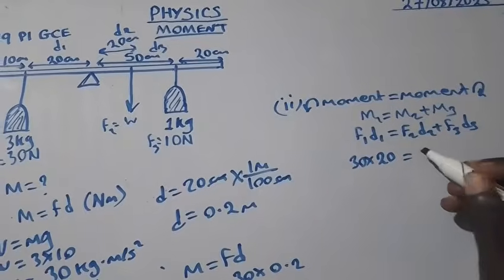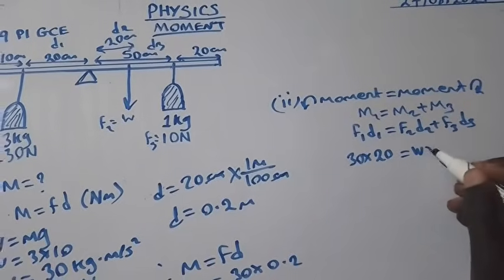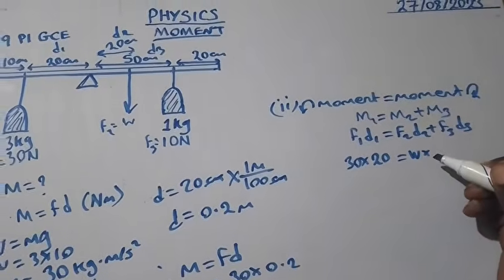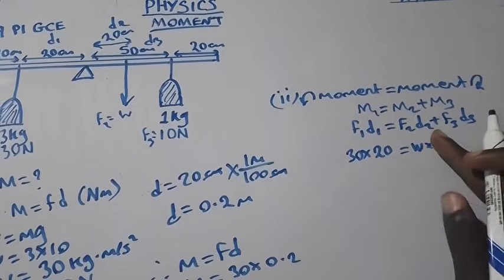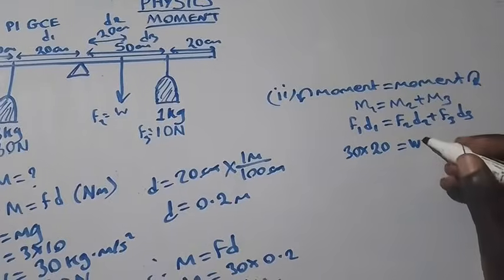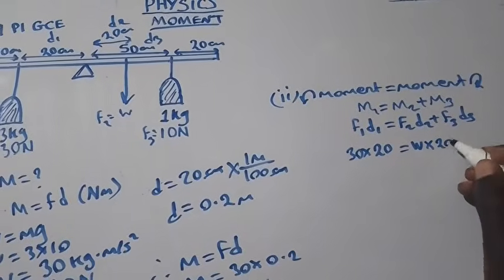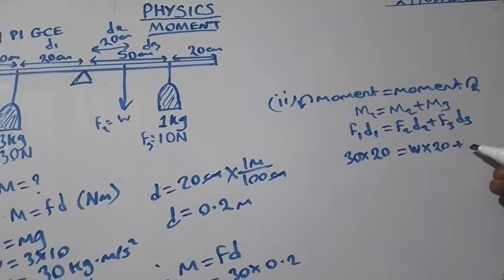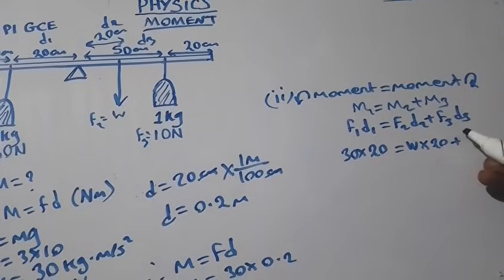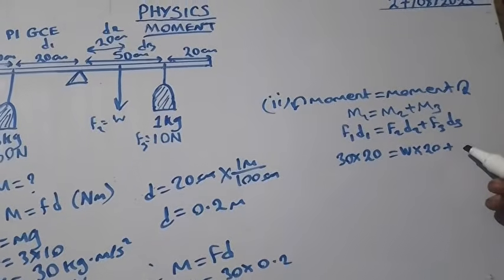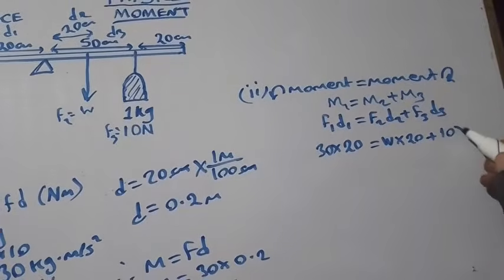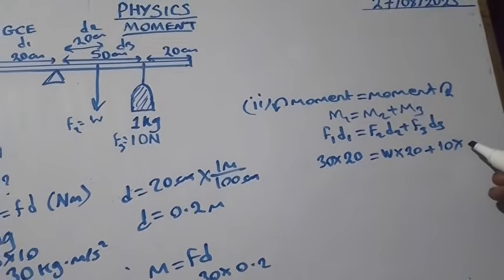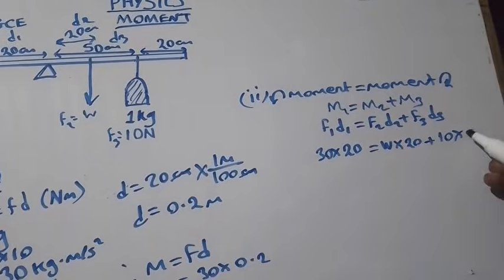F2 we have weight of the plank, W, times D2 we have 20, plus F3 we have 10 newtons times D3 we have 50.